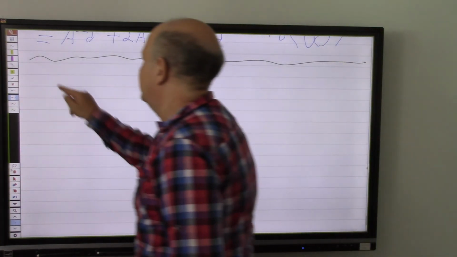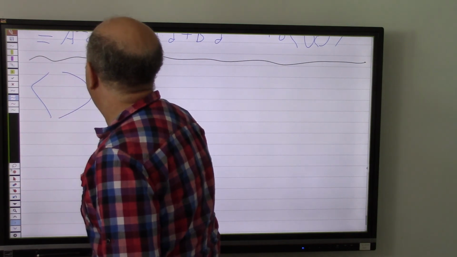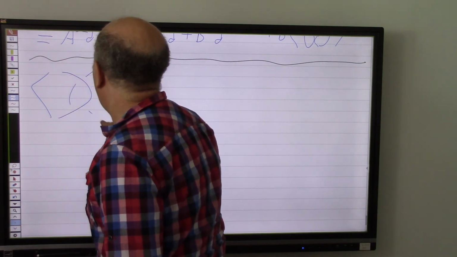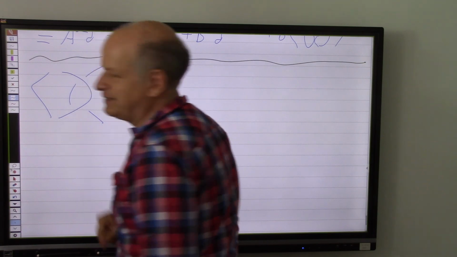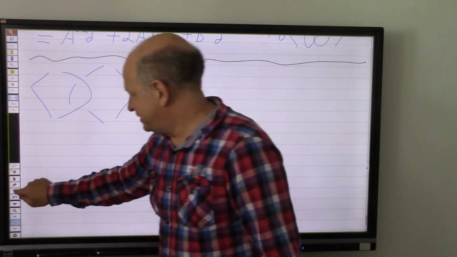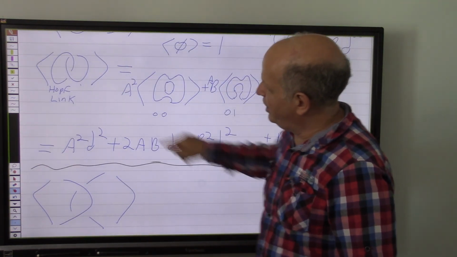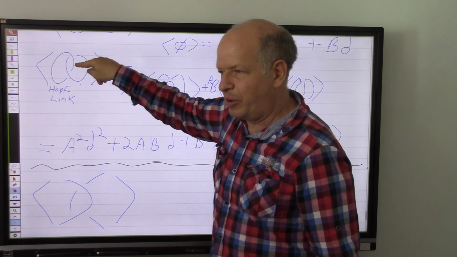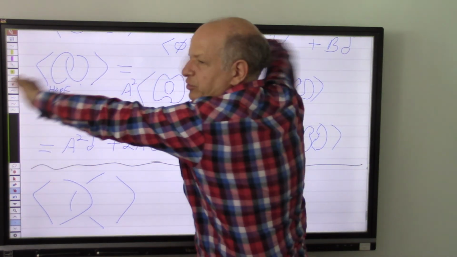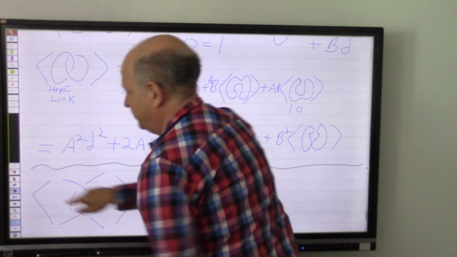So let's start. Let's compute the Kauffman bracket of the left-hand side of a Reidemeister 2 move. Note that this is not what I wrote before. In the Hopf link, the crossings are arranged slightly differently. Here you cannot detach the 2 components, and here you can.